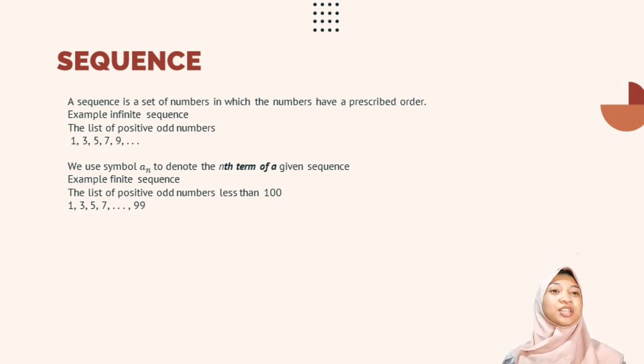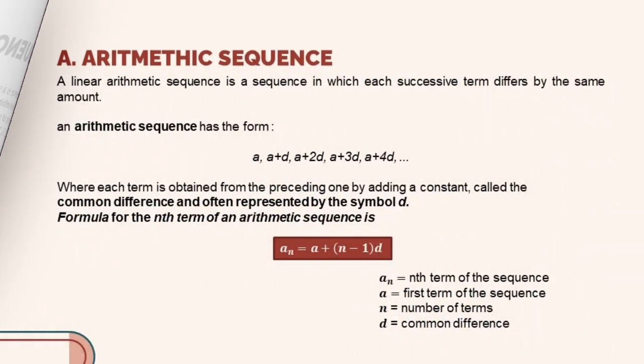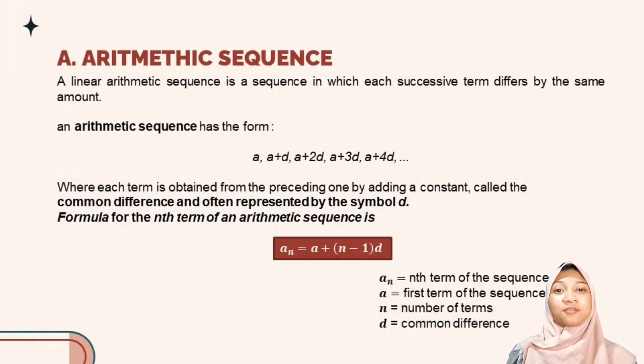99. Okay, sequence is divided into two. The first is arithmetic sequence. An arithmetic sequence is a sequence in which its successive terms differ by the same amount.